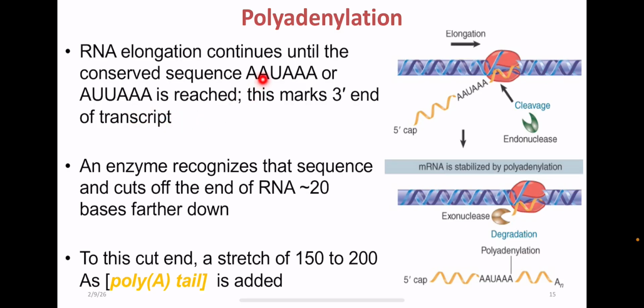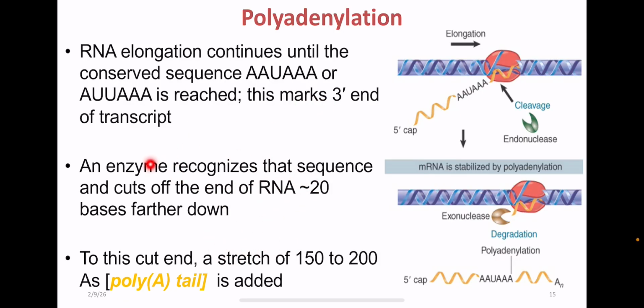When you are synthesizing an mRNA and you come across AAUAAA, you realize you are coming to an end. Or you come across AUUAAA; it marks the end of the 3' end and triggers the addition of a poly A tail.